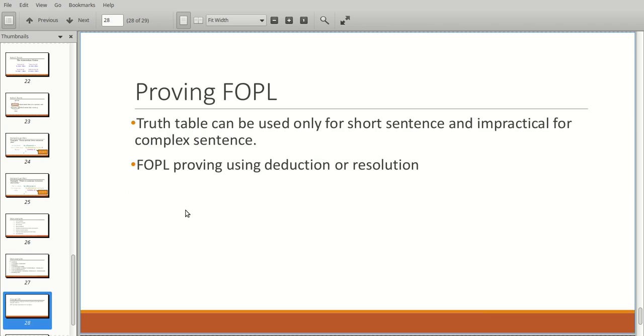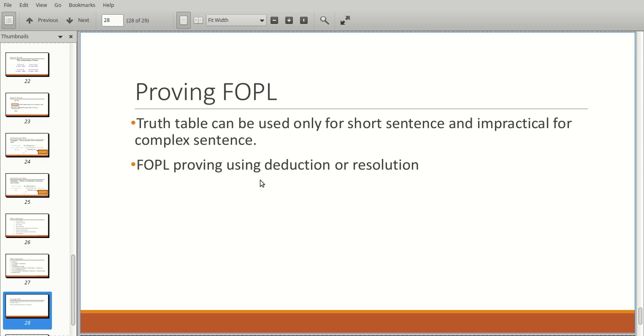So how to prove first order predicate logic? It is not as simple as propositional logic. In propositional logic you can use a truth table to determine the truth, but for predicate calculus you need proving.